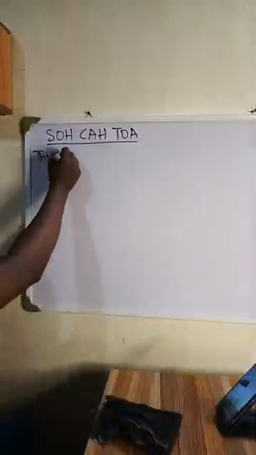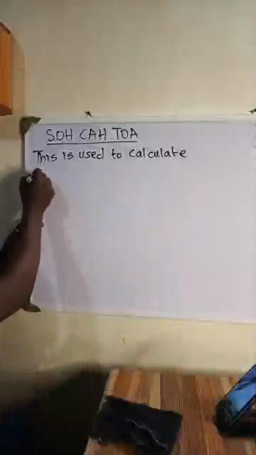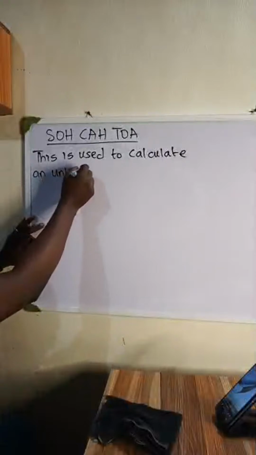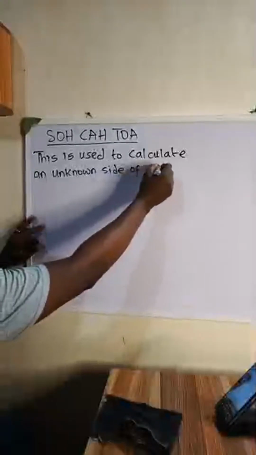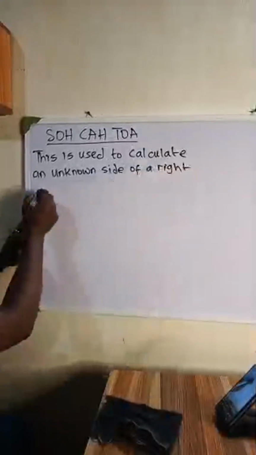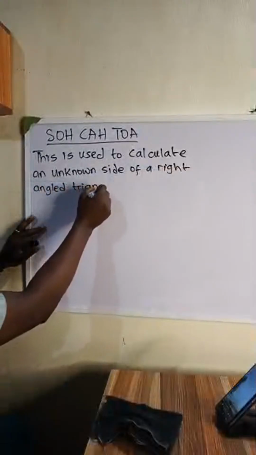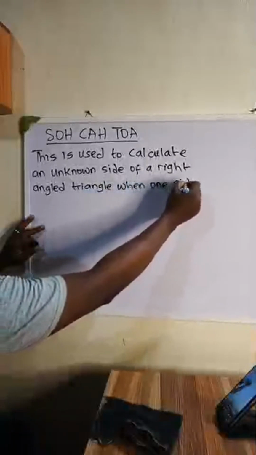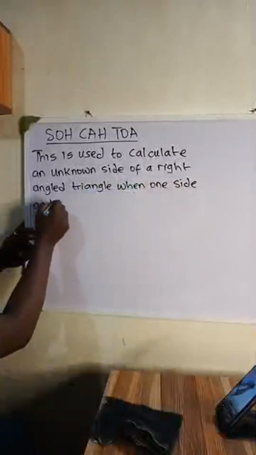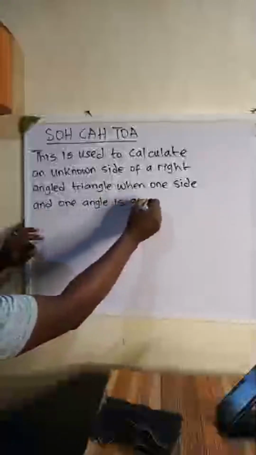This is used to calculate an unknown side of a right angled triangle when one side and one angle is given.